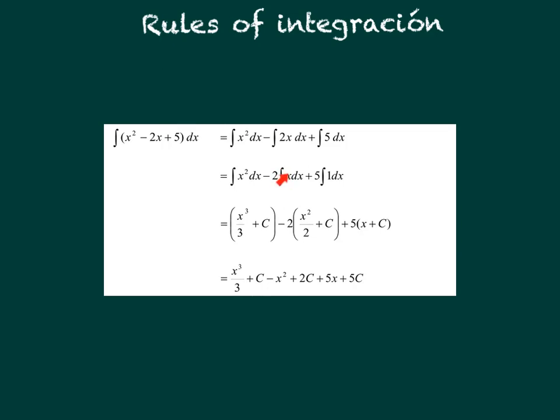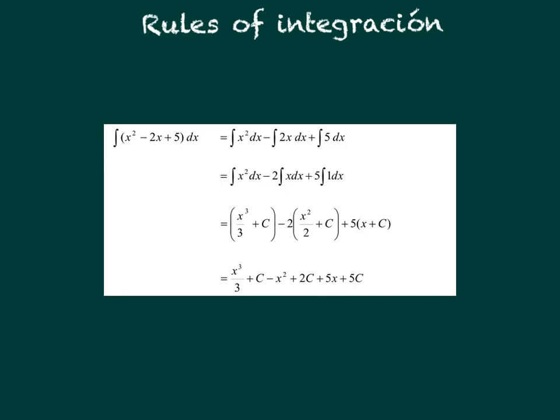Remember that we have an exponent here that is not written, but it's 1. So we're going to add 1 to that exponent. We want to obtain 2, and we're going to divide by 2, plus the constant, plus 5 times the integral of x. Remember, the integral of 1 times the x is x plus the constant.